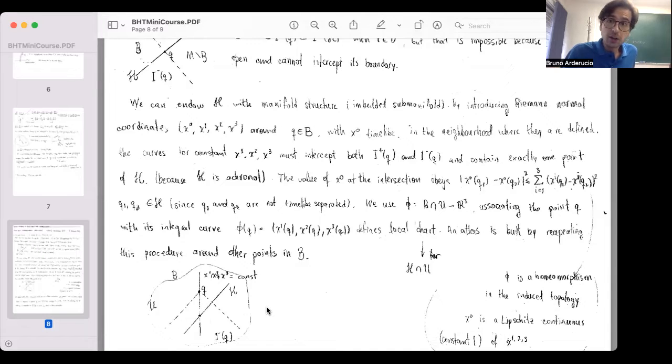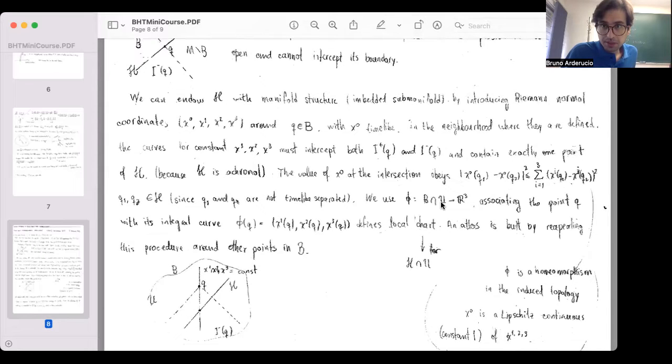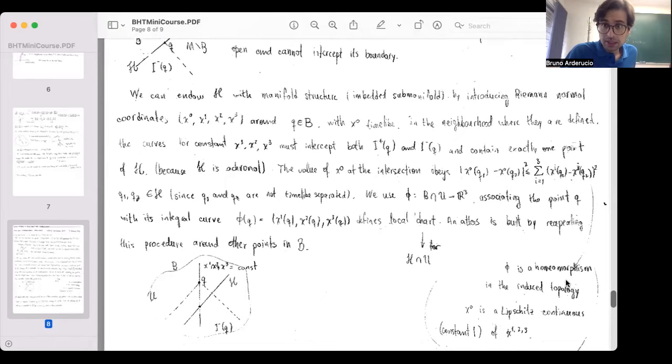Then you can look at the value of x0 at the intersection, and I write this inequality here because it reveals that phi has some level of continuity. It's a Lipschitz continuous function with constant 1, because there's a 1 multiplied here.